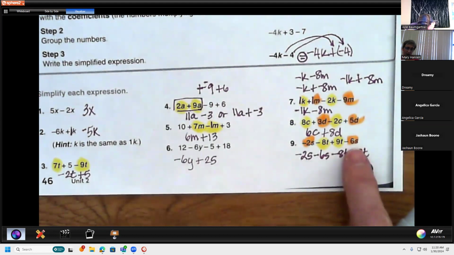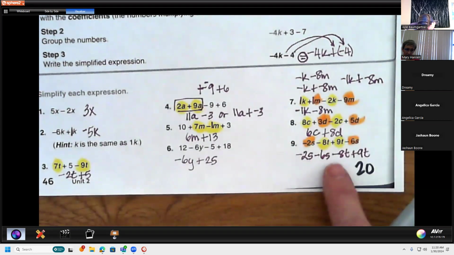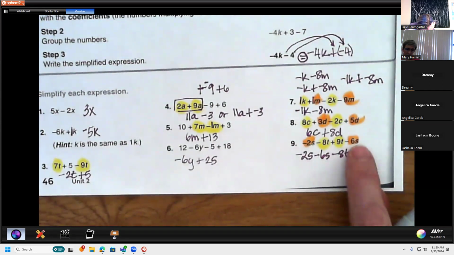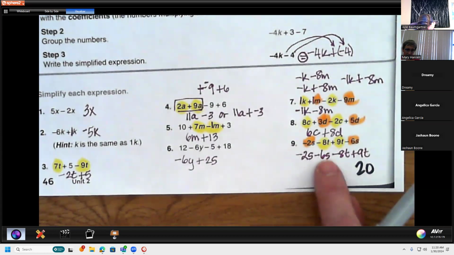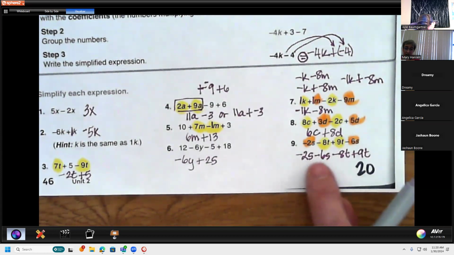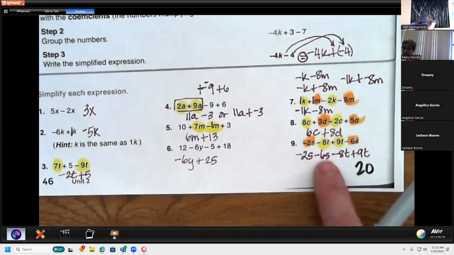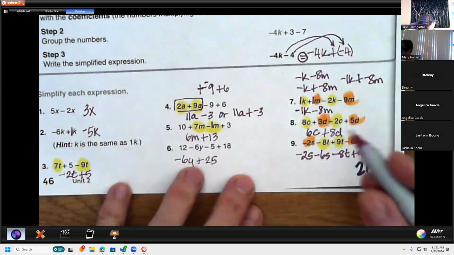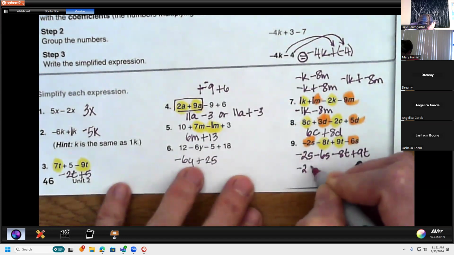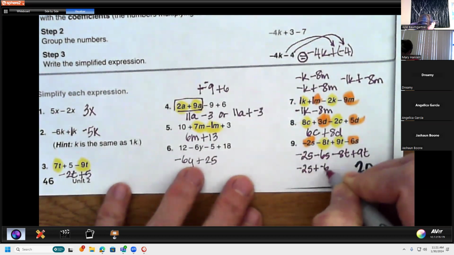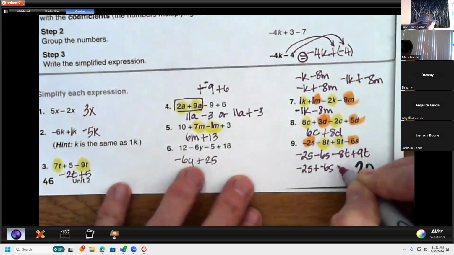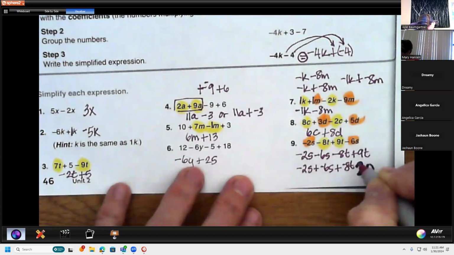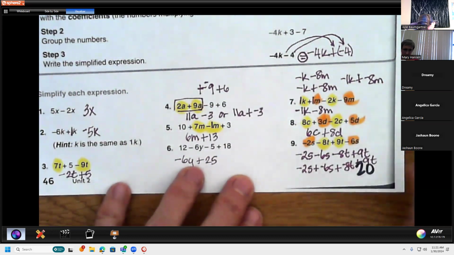Okay, I've put together the things that belong together. This minus has to travel with the 6s. Okay, -2 minus 6 might be a case where you need to change that subtraction to addition and use the rules. I could rewrite this as -2s plus -6s plus -8t plus 9t.